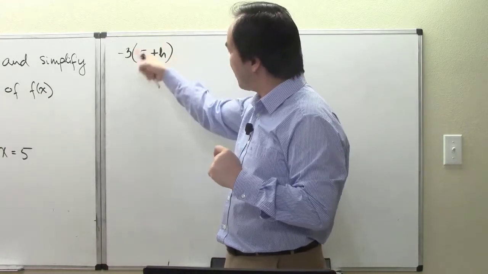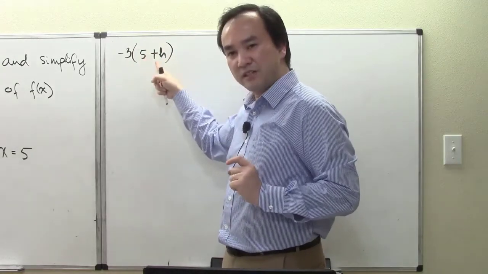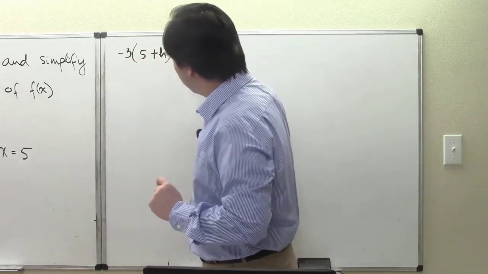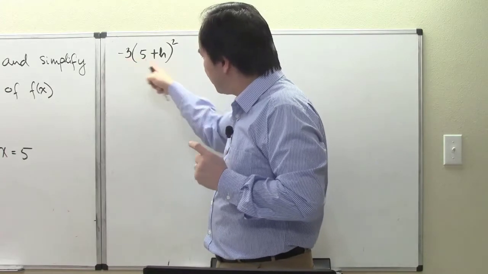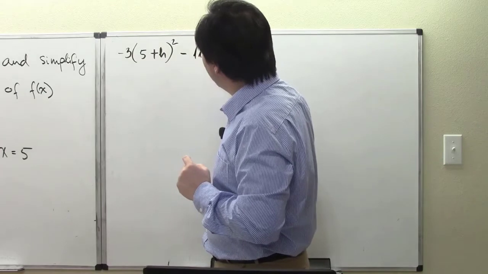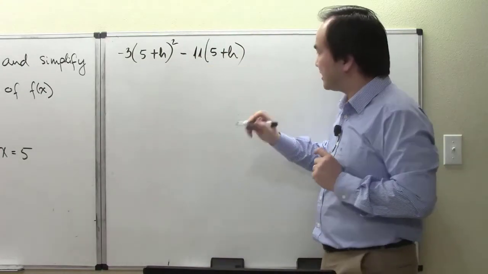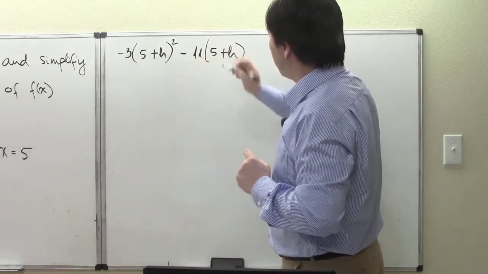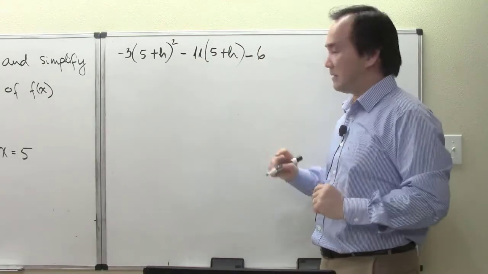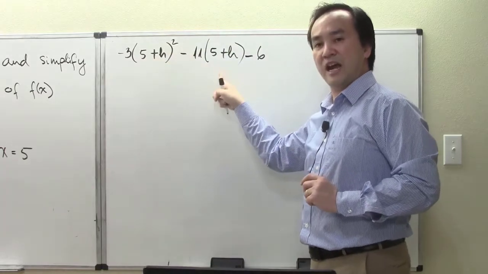So this pair of parentheses around my 5 plus h is to indicate that I substituted 5 plus h into the role of x. So minus 3 times (5 plus h) squared, because that's what it is. Minus 3 times input squared, and minus 11 times the input, which is now (5 plus h). So minus 11 times (5 plus h) minus 6. This is the other remaining part of your function. So all that here is f of 5 plus h.